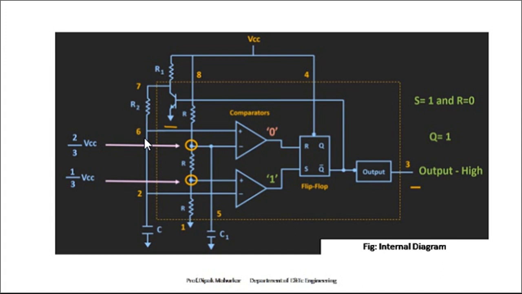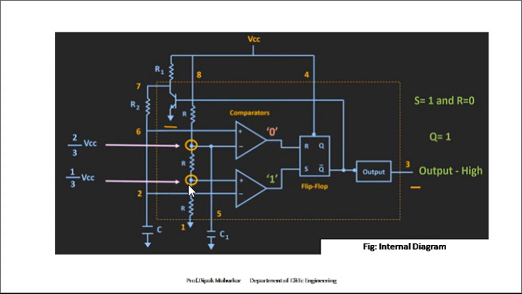If the voltage at pin number 2 and 6 is 0, the comparator compares these two inputs, the inverting and non-inverting terminals. Here pin number 2 is 0, and for comparator 2, the voltage at this point is 1 by 3 VCC by the voltage divider rule.